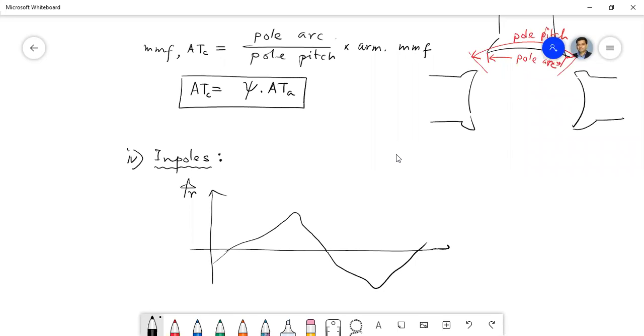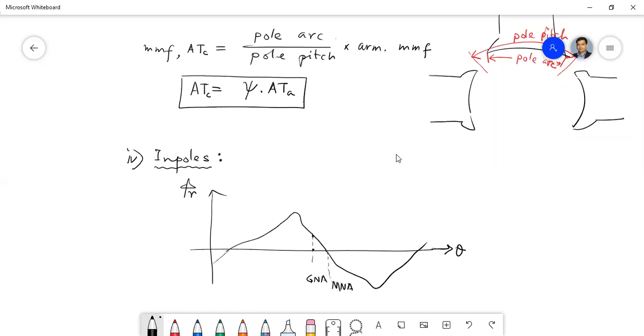So resultant air gap flux with respect to theta gives this type of distribution. And we have seen that in the GNA, we have some finite flux, and the MNA due to that is shifted in a certain direction.